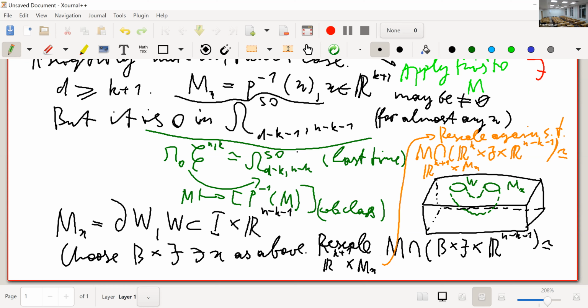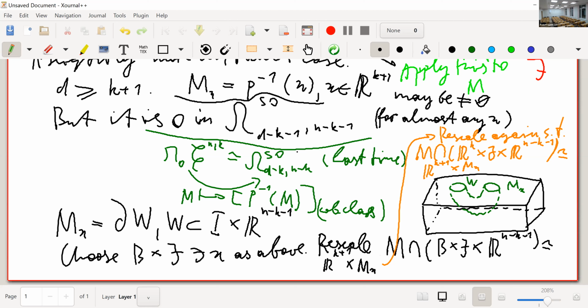Now the first thing, yes, so we choose a neighborhood of X such that M has this form over this neighborhood.